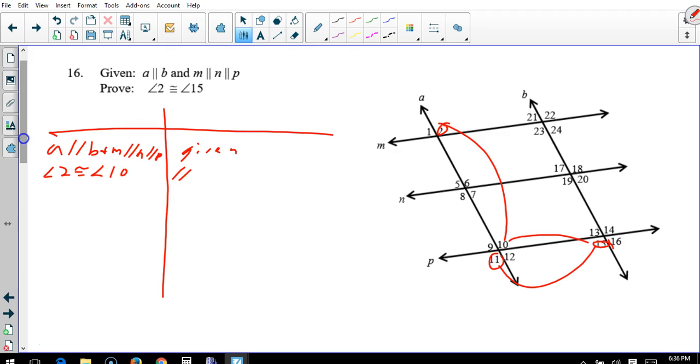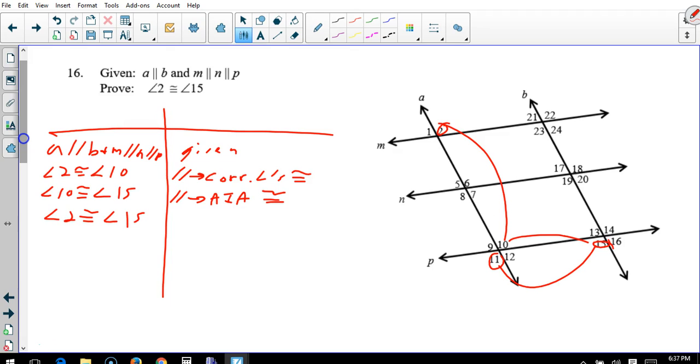And remember, if lines are parallel, then corresponding angles are congruent. That's about as short as you can make it. And then angle 10 is congruent to angle 15. If lines are parallel, then alternate interior angles are congruent. And now we can say angle 2 is congruent to angle 15 by the transitive property.